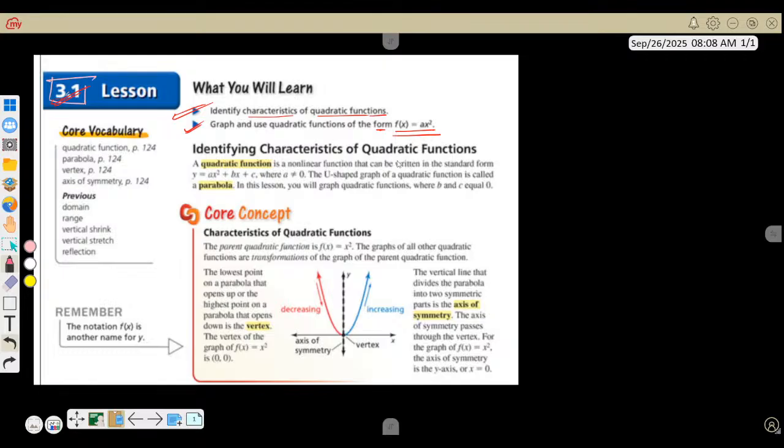Now see what this is. Identifying characteristics of a quadratic function. A quadratic function is a non-linear function. Non-linear means whose degree is not 1. Linear means degree 1. It is a function that can be written in a standard form.